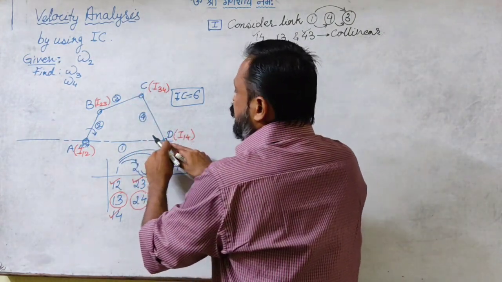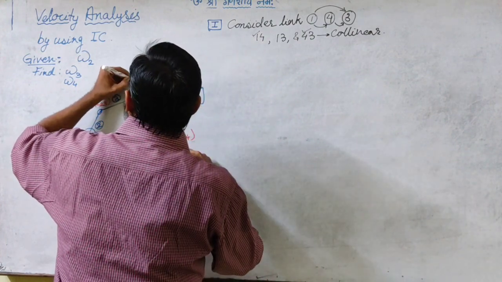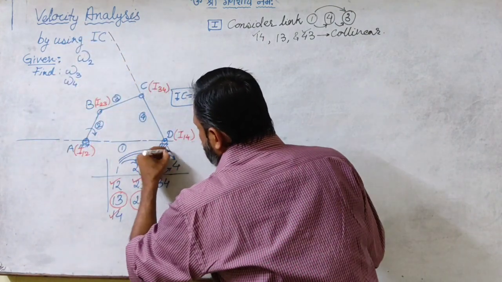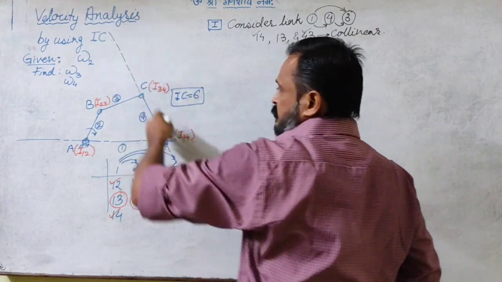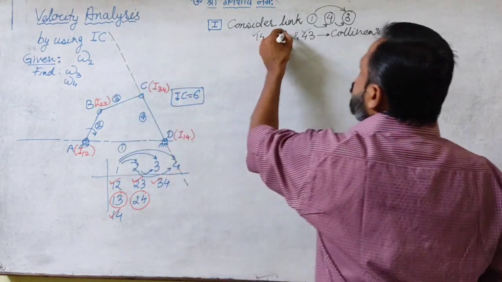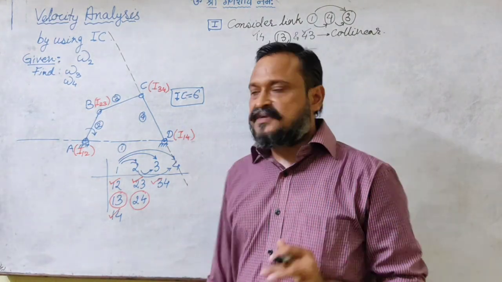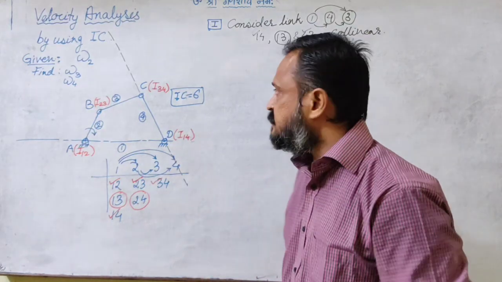That means if I join I14 with I34 and extend this line, maybe on this side or wherever, then on this line I13 must definitely exist, as if this is the locus of I13.